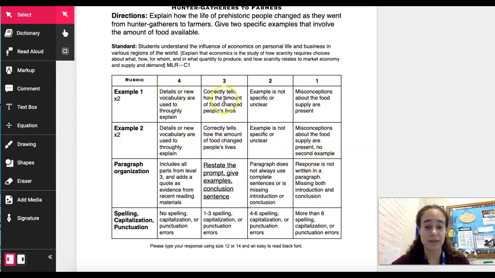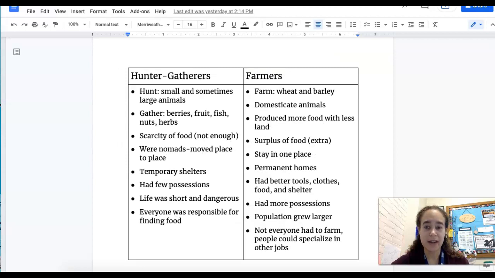You need to include 2 examples, and I'll show you kind of what those might look like using our prehistory notes. If I go back to my prehistory notes and vocabulary, I have the hunter-gatherers and farmers. So if I talk about how hunter-gatherers were nomads and they moved place to place, while the farmers stayed in one place because that's where their food was, that counts as 1 example.